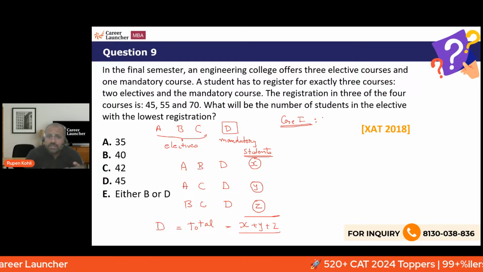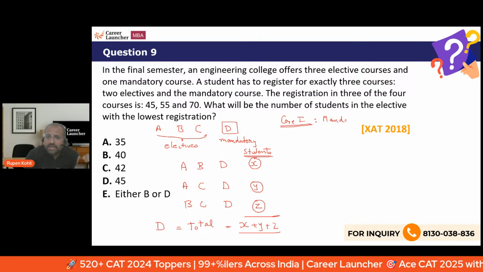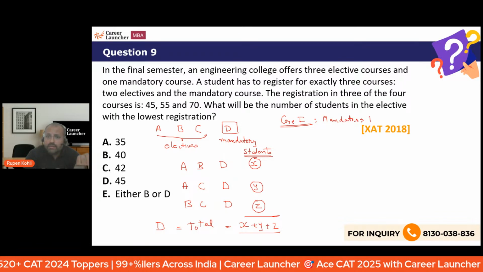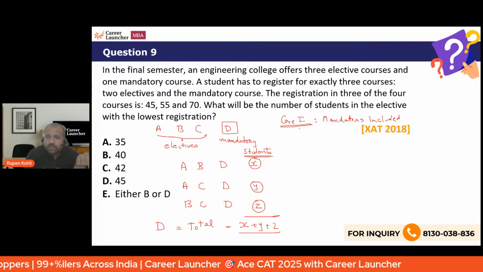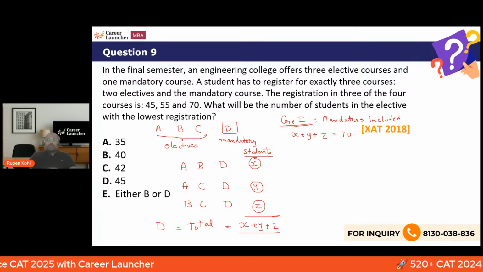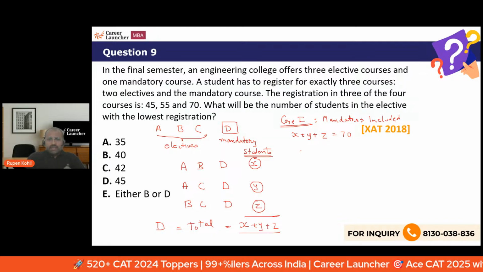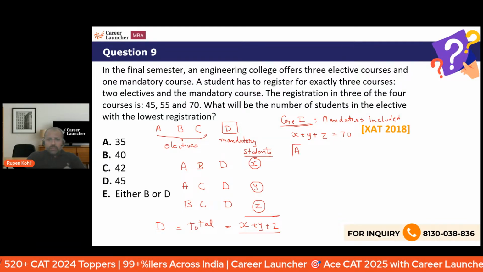So 70 must be the value of D, which is X plus Y plus Z, which means the mandatory course is included in the given data. So therefore, X plus Y plus Z is 70. Now, in three of the four courses, it's 45, 55, and 70. So for convenience's sake, let's call the course A equal to 45.